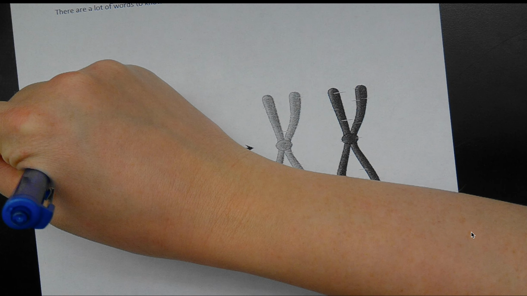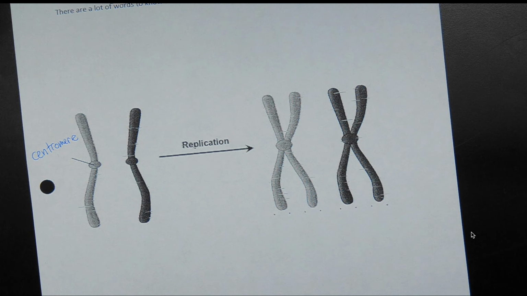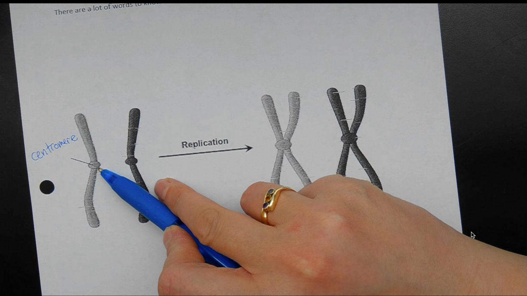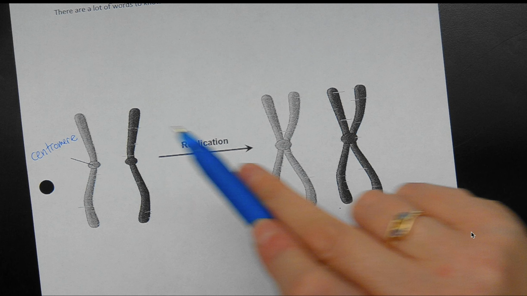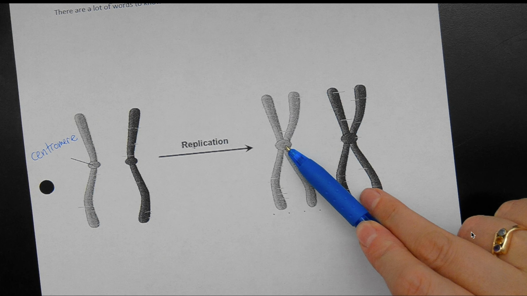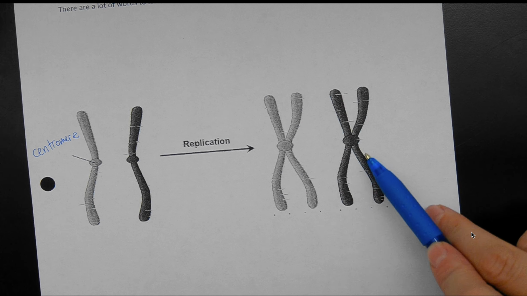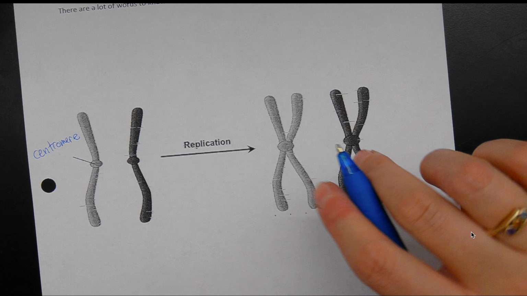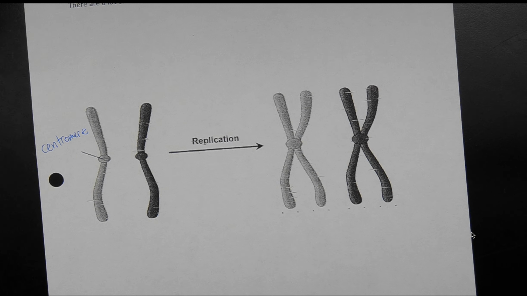So this is the first thing you need to write down, the word centromere. The centromere is this little circle in the middle, or not quite the middle of the chromosome. And you'll see that over here, there is just one centromere in each of these X-shaped chromosomes. So both the left and the right side of this diagram represent 2 chromosomes.